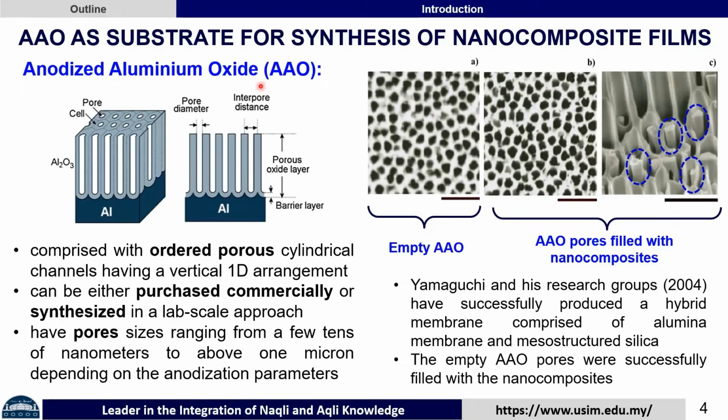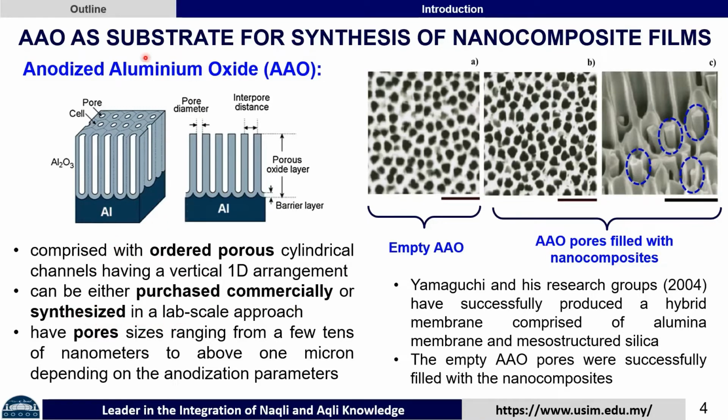Moreover, other than glass, anodized aluminum oxide or AAO was also widely used as a substrate or template for synthesis of nanocomposite films. As you can see in the figure, AAO comprises ordered porous cylindrical channels having a 1D vertical arrangement. The AAO can be either purchased commercially or synthesized in a lab-scale approach.